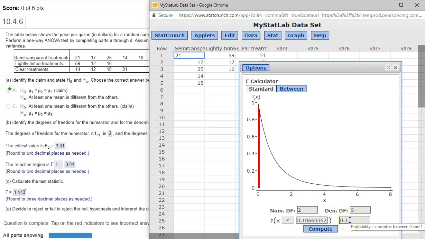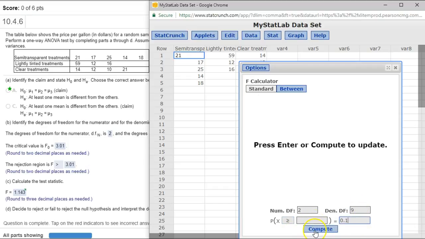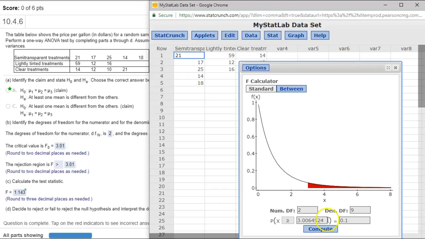We want that to be 0.1, the area on the right side. There we go. So that's how we get the critical value of 3.01 rounded to 2 decimal places. And the critical region is this shaded portion, so greater than 3.01. That's how we get these 2 solutions.